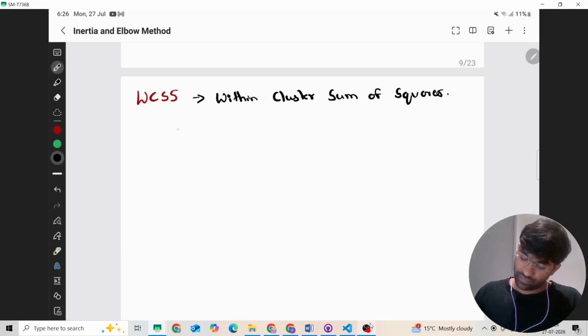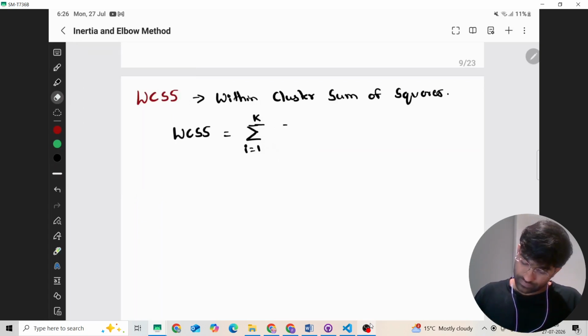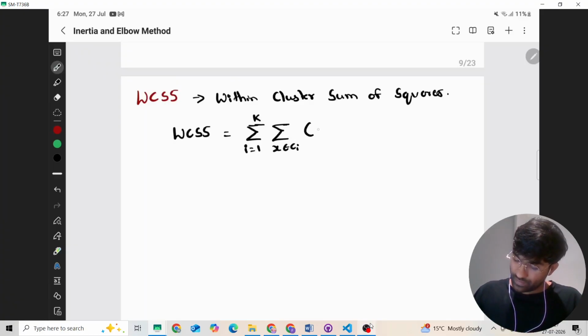The formula is: WCSS is equal to the summation of i equal to 1 to k, summation of x belongs to Ci, of (x minus mu i) whole square.